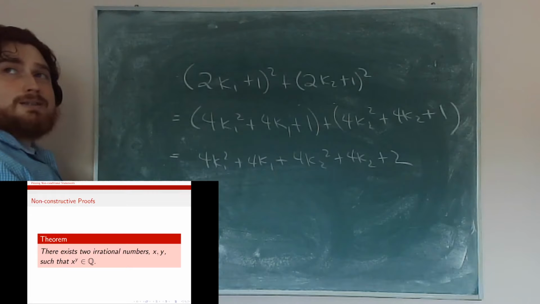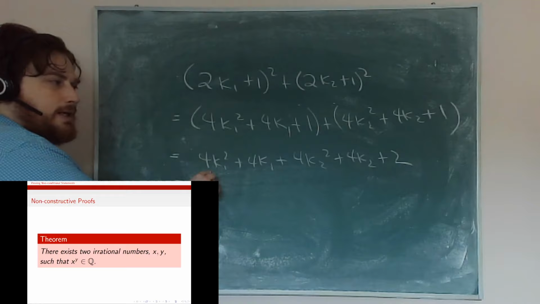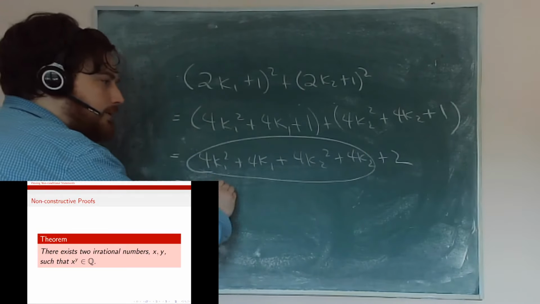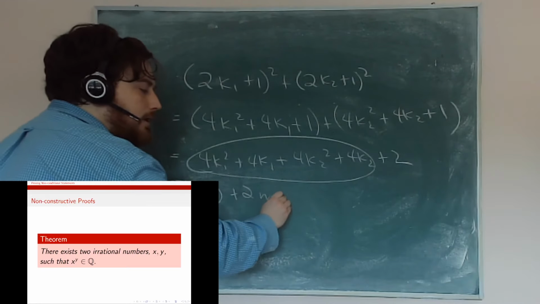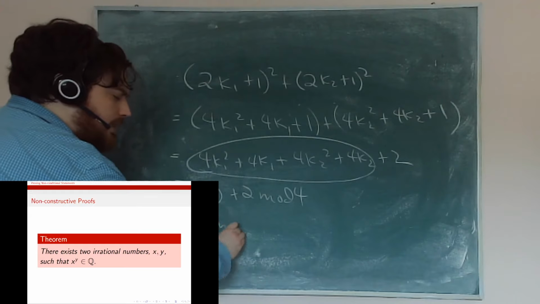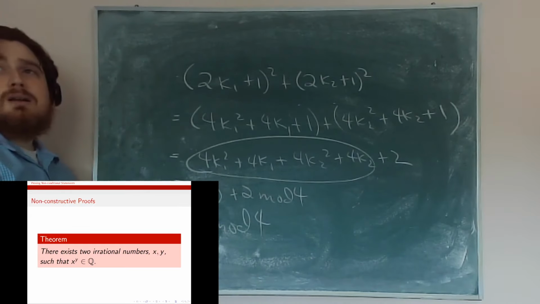Now here's the contradiction, and it's not easy to see this, but if I take this mod 4, I get 0 plus 2 mod 4. So I get 2 mod 4. Well, what does that mean?